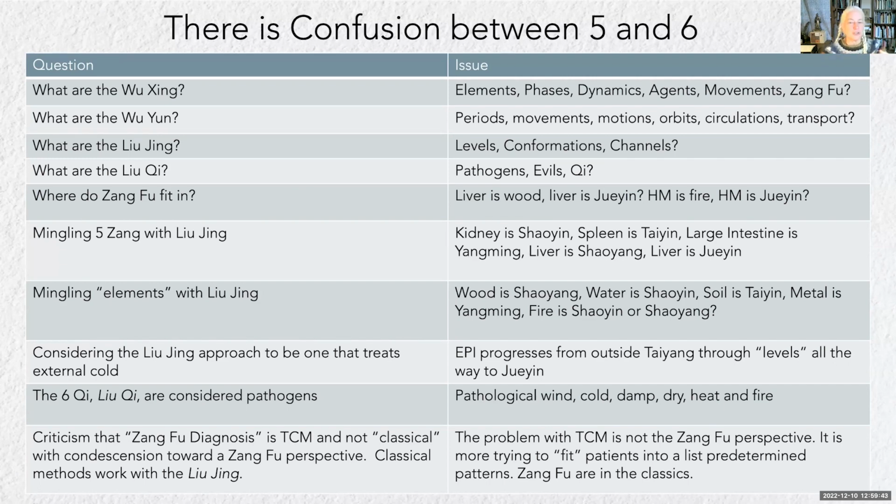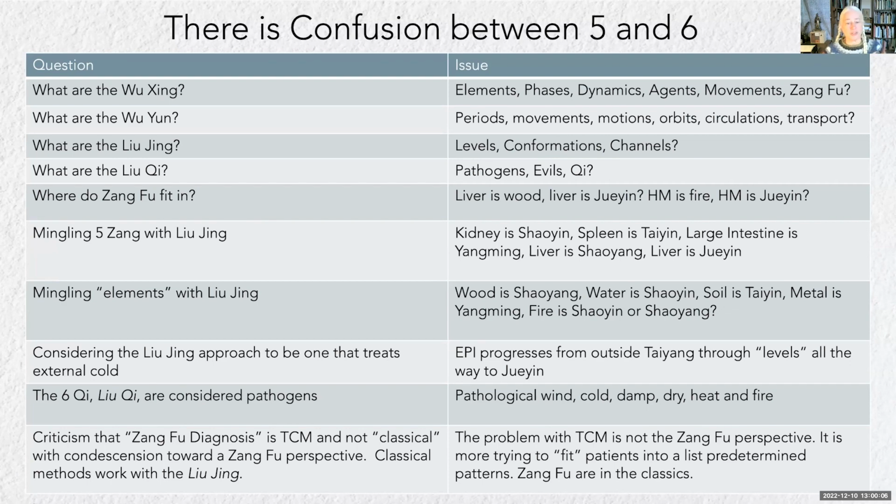So there's confusion when you conflate one of the Wuxing directly with one of the Liujing. It will be inherently wrong sometimes. So we have to tease that apart. How do we talk about these things so it doesn't get confusing?